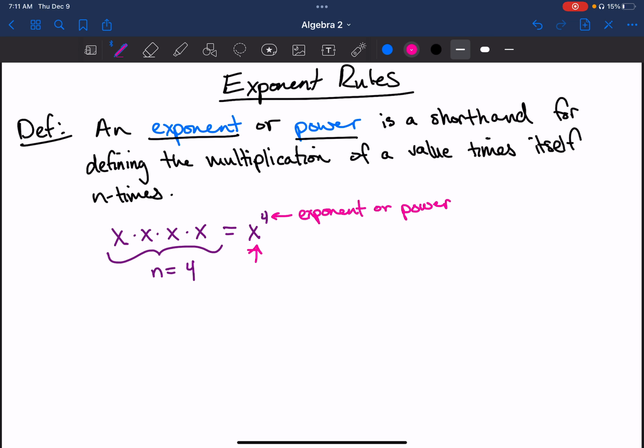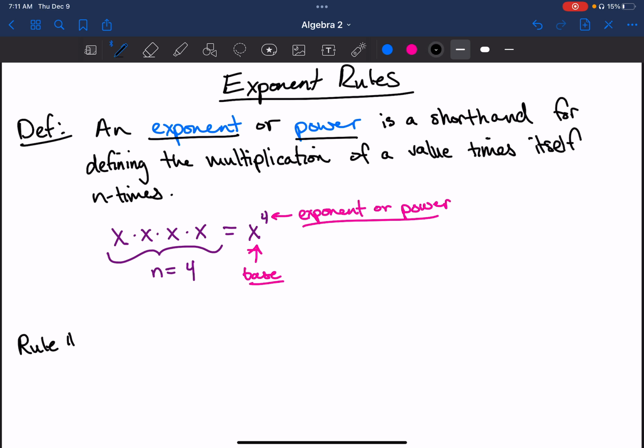And this thing here is our base because it is touching our baseline that we write on. So you have a little bit of a knowledge of what an exponent is. Hopefully this is just kicking back into gear some stuff that you've already learned. But let's take a look at some of our rules.